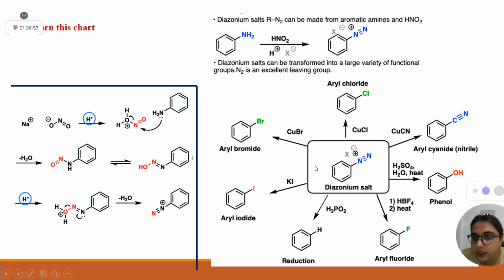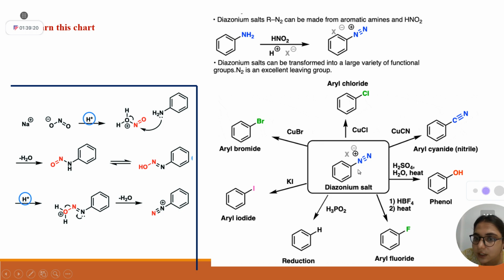Then by using that diazonium salt, we can do various things. If you do CuCl in presence of HCl, which name reaction? Sandmeyer. Has anyone read it in 12th class? Sandmeyer reaction, and also CuCN, because N2 is a very good leaving group.